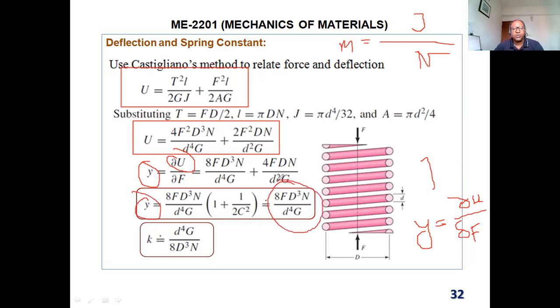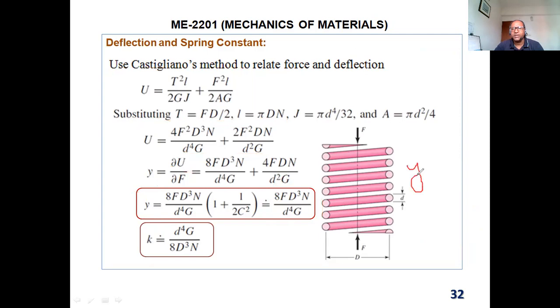So you already got the Y value. That means the deflection of the spring. So you are getting Y equal to 8 F, then big D cubed, then N divided by d to the power 4 into G. Now what is the K?